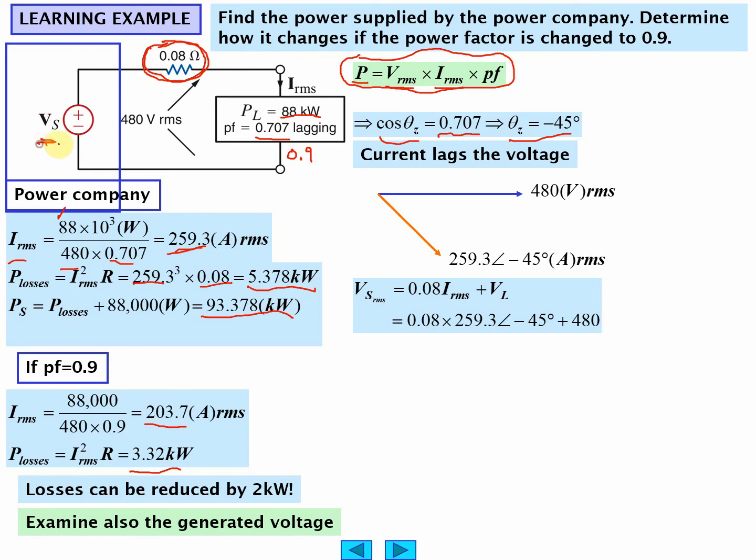This supply voltage is equal to how much voltage is lost through here, which is the current times the resistance, plus whatever the load voltage is, however much is taken by the load. And we want the load voltage to be constant. At our homes, 120. At the circuits outside the homes, 240, and then telephone lines, 480, and it goes up from there. You got several voltages people work with in power.